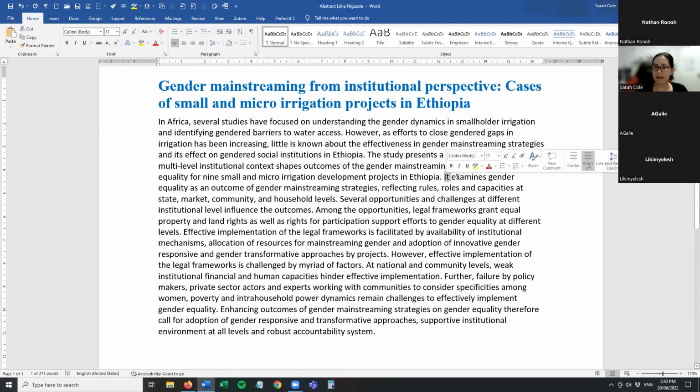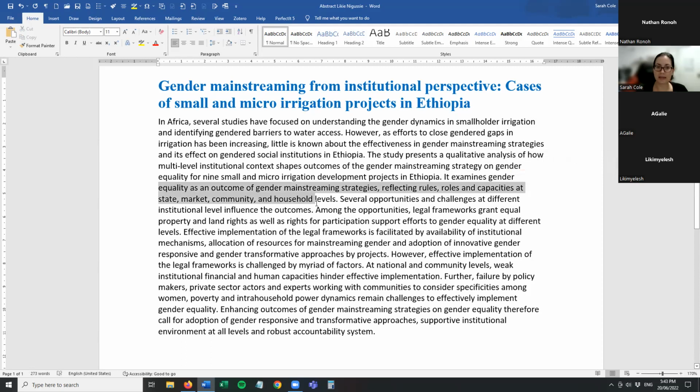Instead of saying it examines, some journals are okay with using we and our language now. And you may, depending on the journal that you go for, be able to say we examined. So this is about having an active voice and saying who's doing the acting. You're saying we examined. So I would suggest that for summaries that you have to do, and also for journal abstracts that you're allowed to do that in.